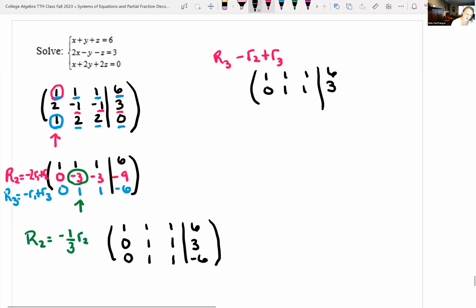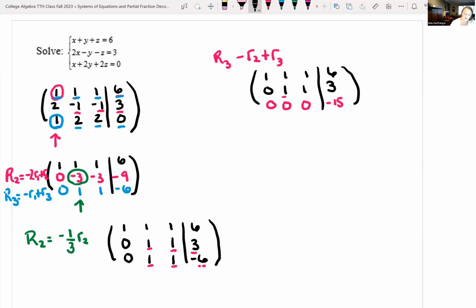And our new row 3: negative 1 times 0 is 0, plus 0 is 0. Negative 1 times 1 is negative 1, plus 1 is 0. Negative 1 times 1 is negative 1, plus 1 is 0. And negative 1 times 3 is negative 3. Negative 3 plus negative 6 is negative 9.